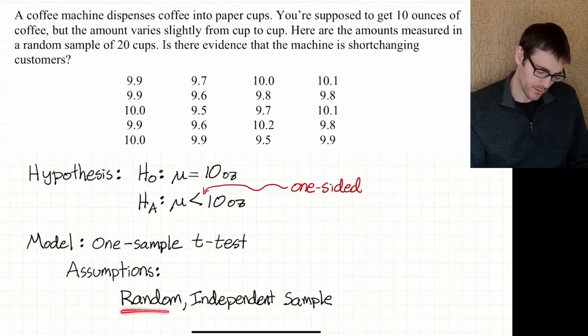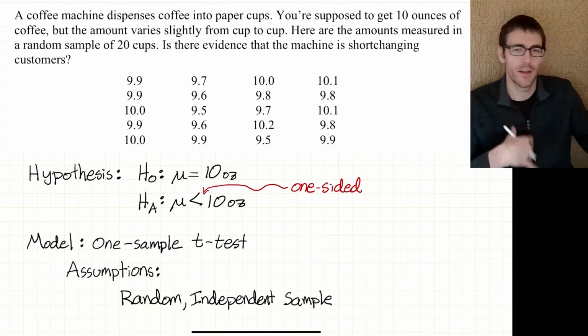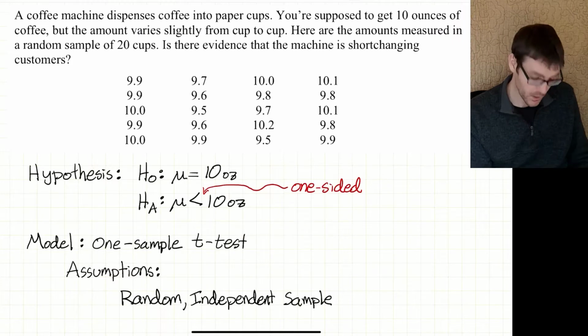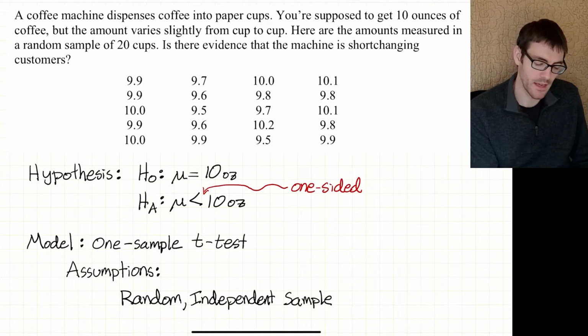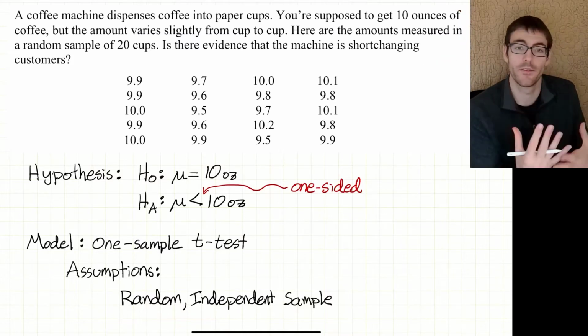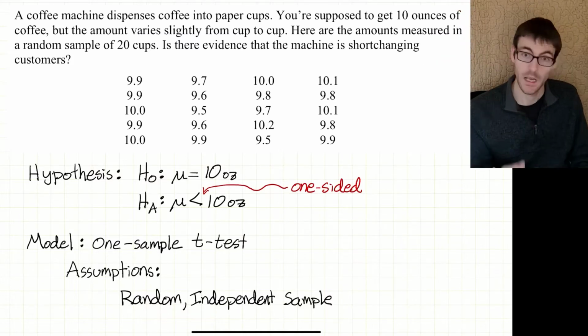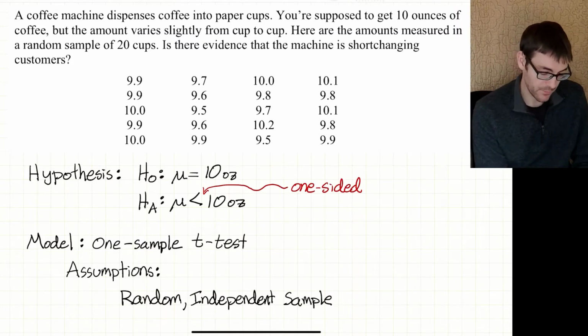And I've clustered these two together. They're often broken up in other textbooks. But really here we're just saying that our sample is a representative sample of the actual workings of this coffee machine. In the prompt, we even say that it is in fact a random sample.